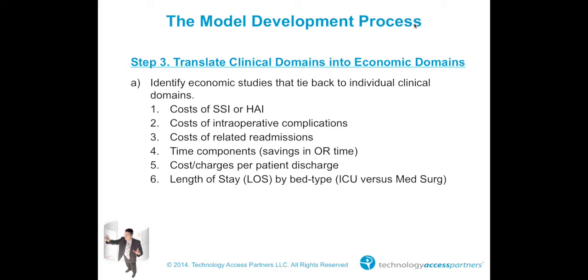So the idea is we tie it back by looking at the general cost of SSI, and you get as specific as possible in the indication. Oftentimes, for example, with the cost of SSI or HAI on a cardiovascular procedure, I was working on replacement of ICDs, implantable cardioverter defibrillators.